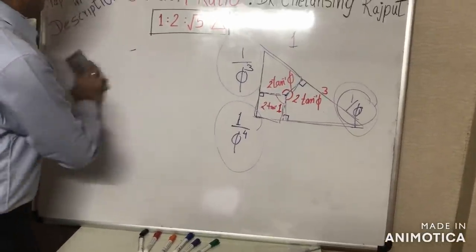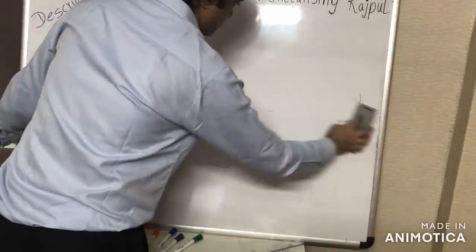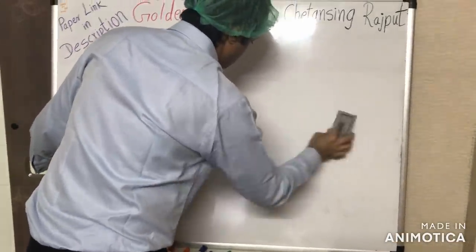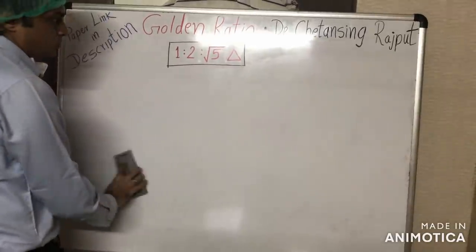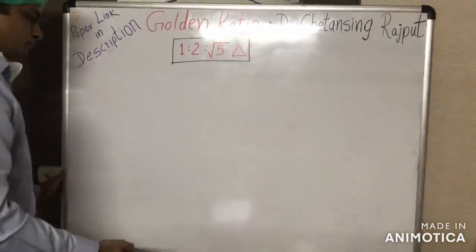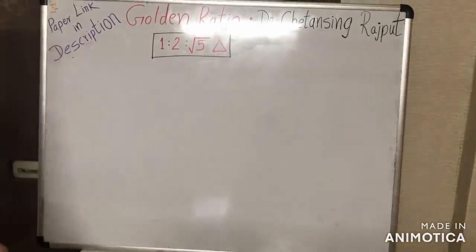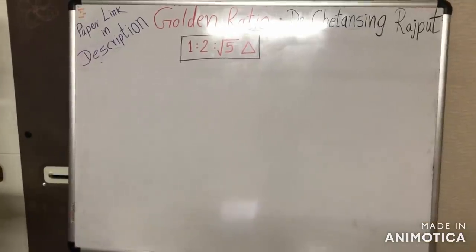Now, before ending this session, I want to mention a couple of interesting things about this 1 to root 5 triangle. You must have heard about the Fibonacci Pythagorean triples. You must have heard about the Fibonacci sequence 1, 1, 2, 3, 5, 8, 13 and so on.